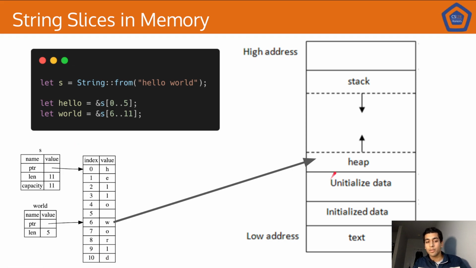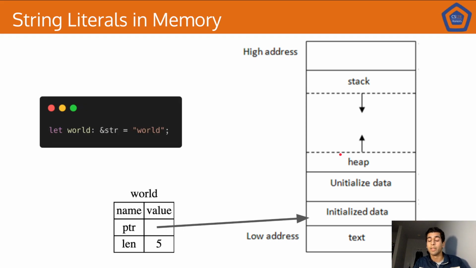And so your string slice world in this case refers to some data on the heap, as compared to your string literal, which refers to some data in the initialized data section of memory that's loaded on the start of your program. So you'll cover more about this when you cover computer architecture, systems programming, and that sort of stuff, when you really look at memory in depth. But I want to give you guys a quick look ahead.